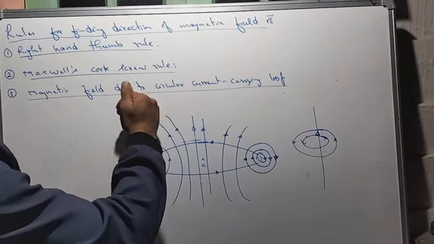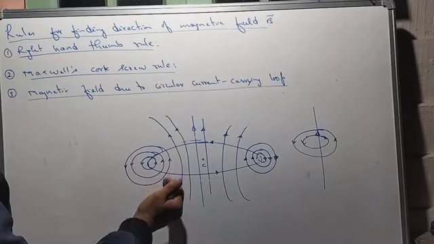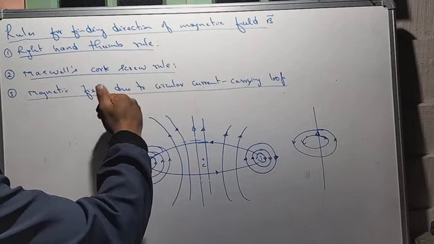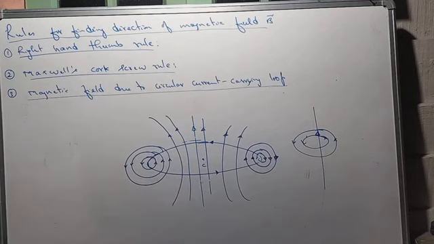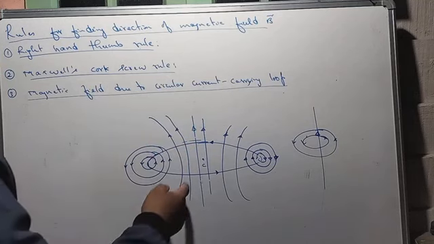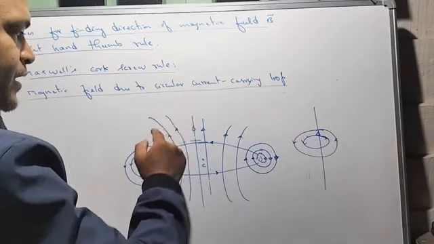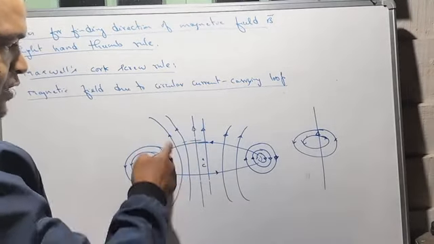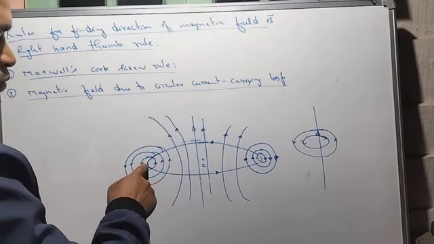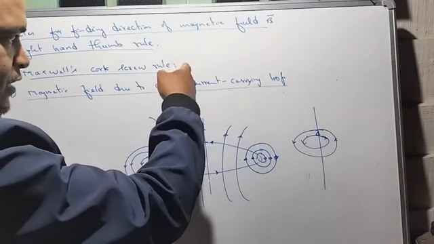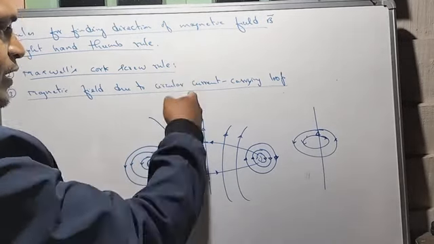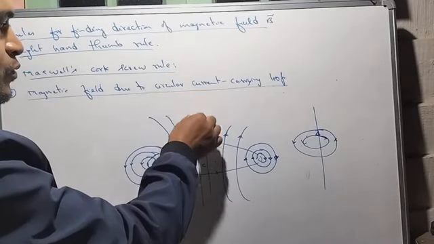At the center of the loop, as you move away from this point, you will find these magnetic field lines are parallel to each other.